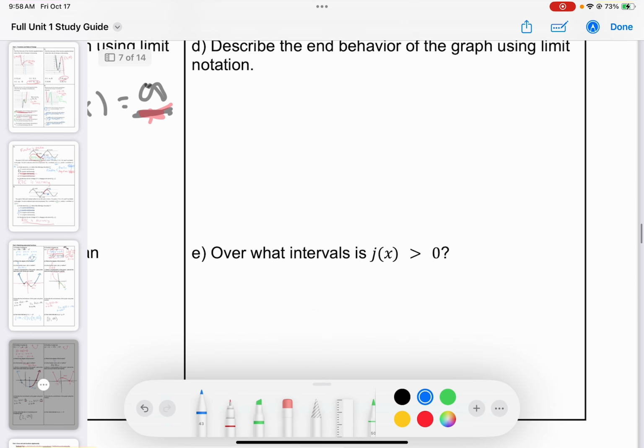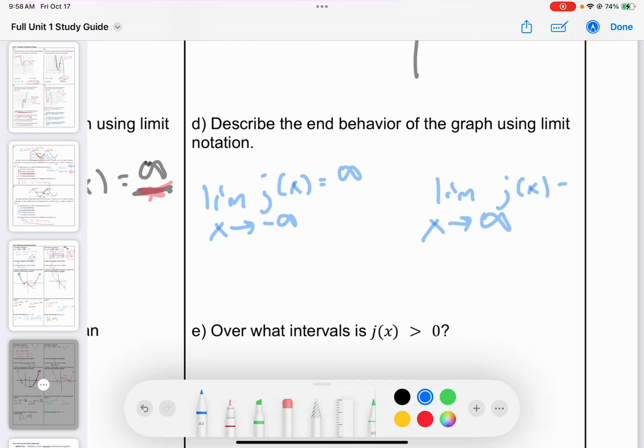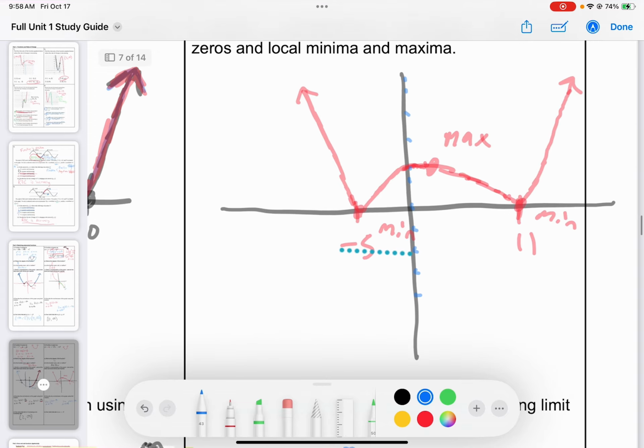Discuss the end behavior. Oh my goodness, this is just tiring at this point. Obviously, as we head towards negative infinity, j of x is positive infinity because it's an open up quadratic. And it should be the same over here, even end behavior. Alrighty, over what intervals is j of x greater than 0?